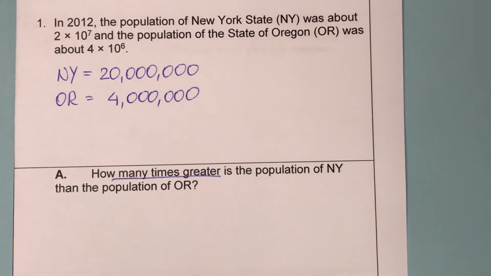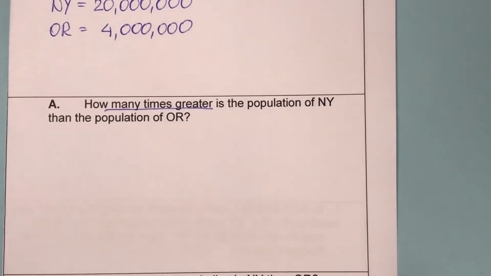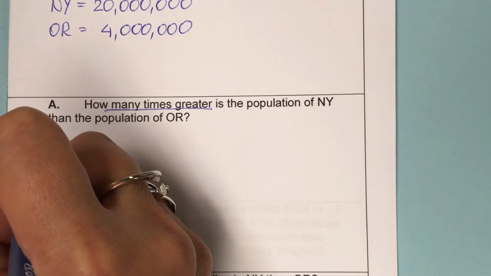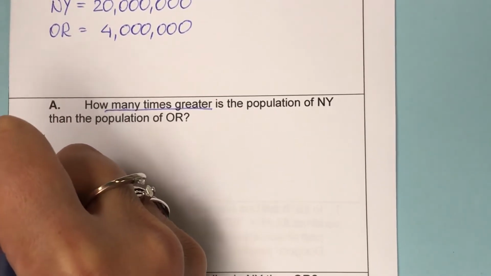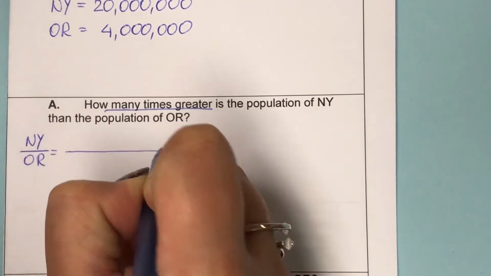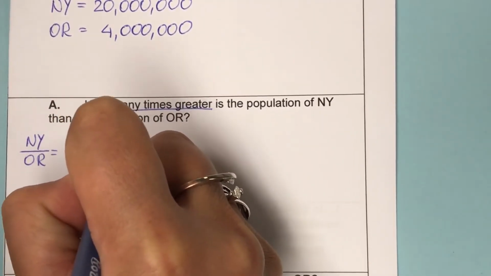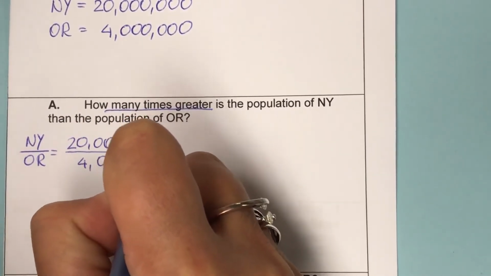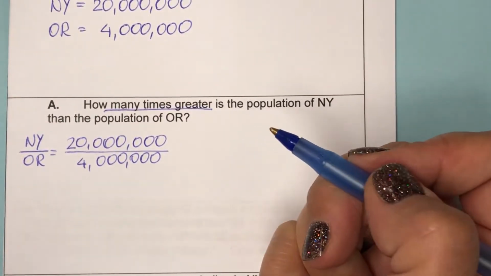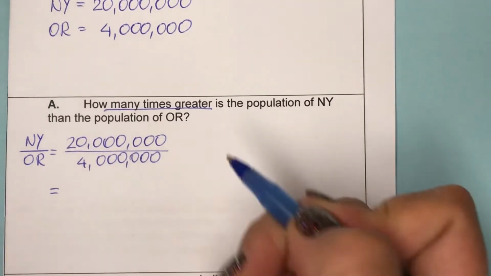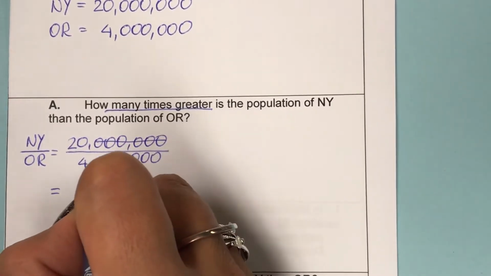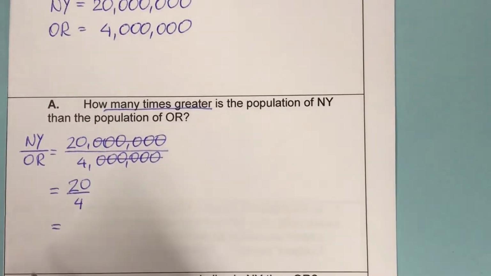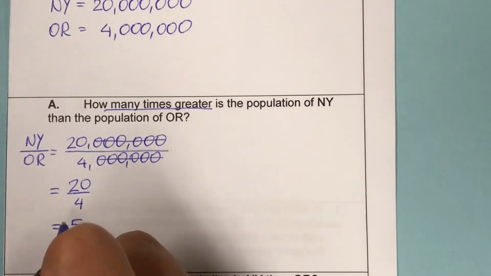So that is solved through division, using the numbers in standard form. Let's say New York divided by the Oregon number, which is 20 million divided by 4 million. Here you can divide by a million to simplify the fraction, where if you divide by a million, you reduce this fraction to 20 over 4, where 20 over 4 is division of 20 by 4, which is 5.